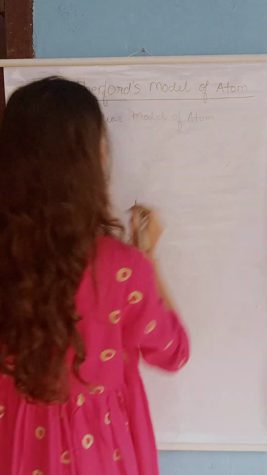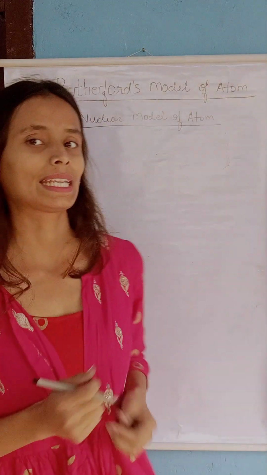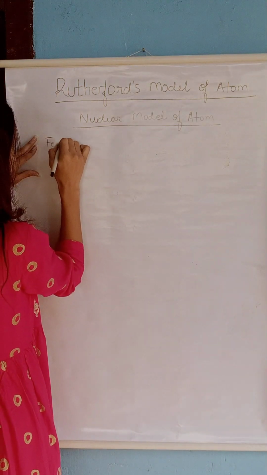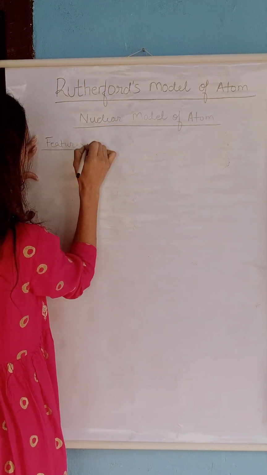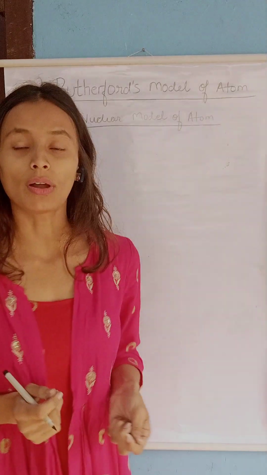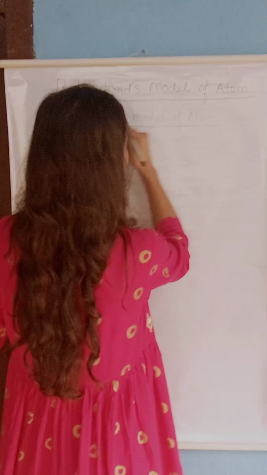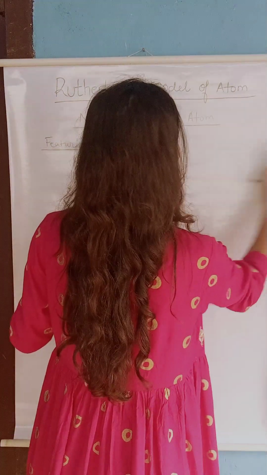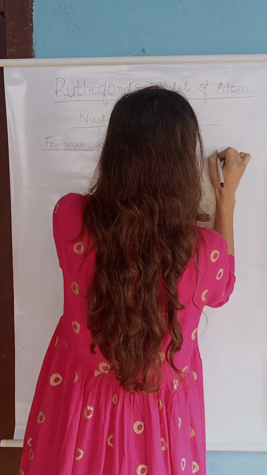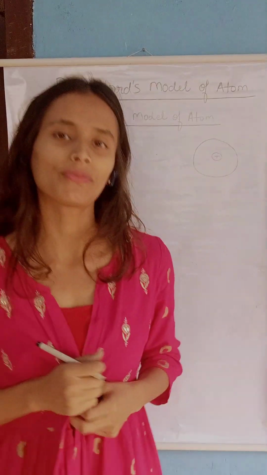And he gave some features also, so we will write down the features of his new nuclear model of atom. This model is also known as the planetary model of atom. First we will draw the model.